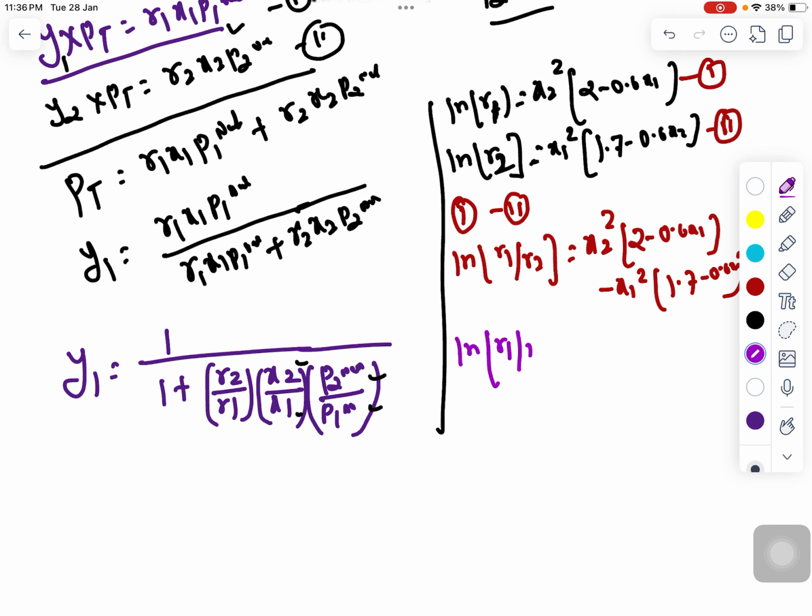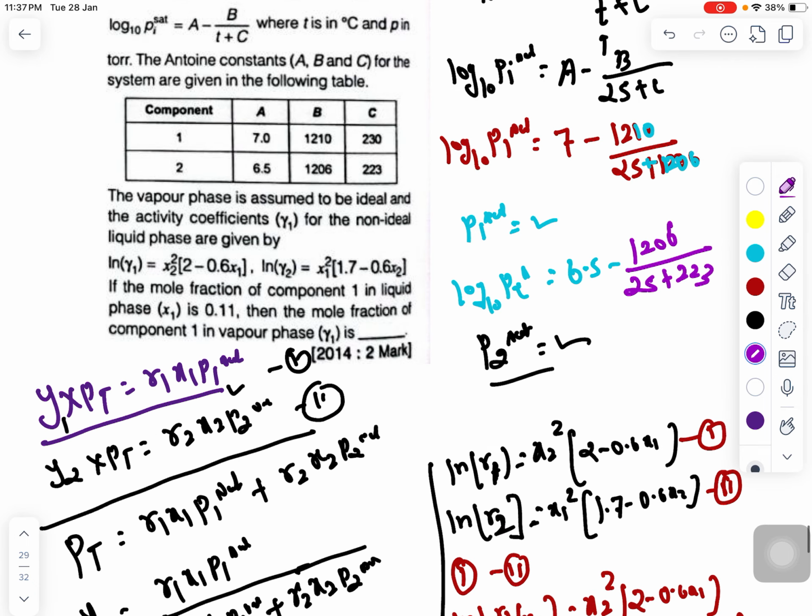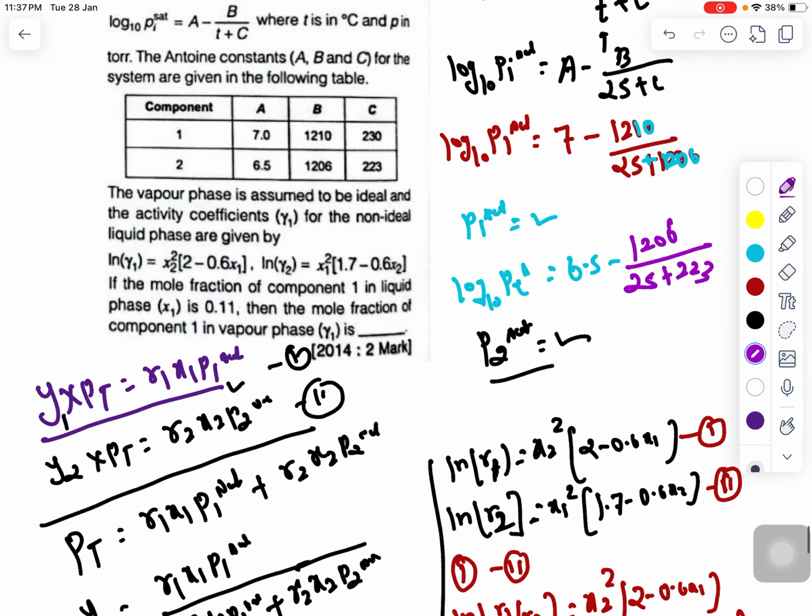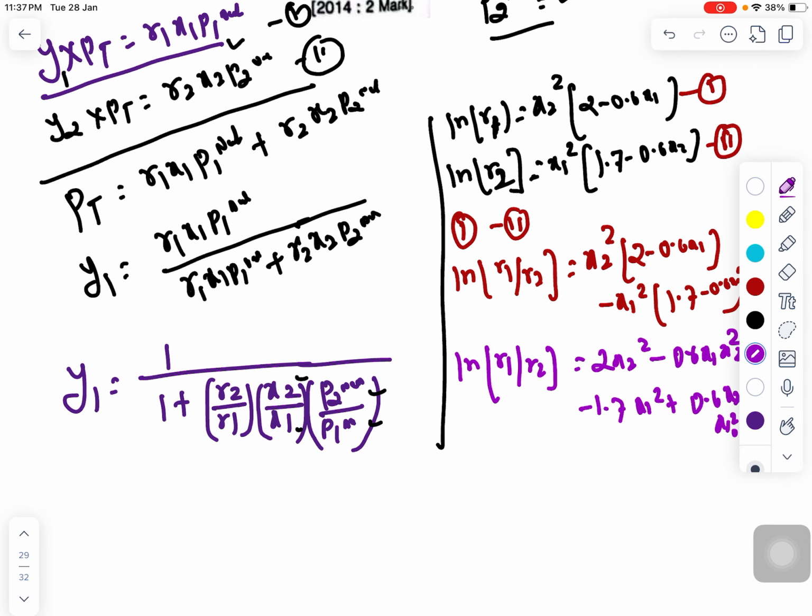Now ln gamma 1 by gamma 2: 2 x2 square minus 0.6 x1 x2 square, and again minus 1.7 x1 square plus 0.6 x2 x1 square.